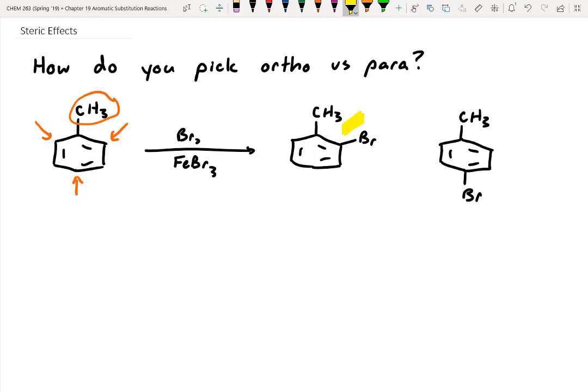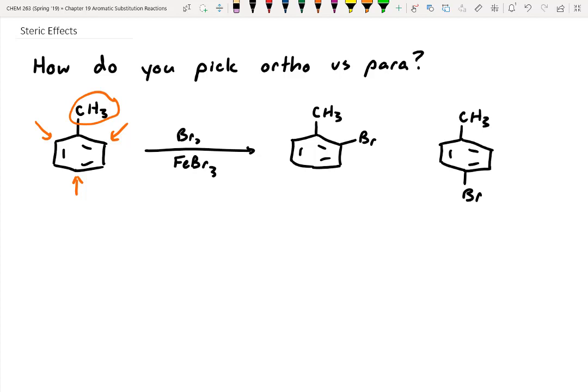However, a methyl group, in terms of steric bulkiness, really isn't that big. Did anybody pick the ortho substituted one? I picked ortho because it has two ortho positions that can attack. Okay, so you picked ortho because there are two positions that could act as the nucleophile rather than one with the para substitution. So you're saying statistically that's more likely?